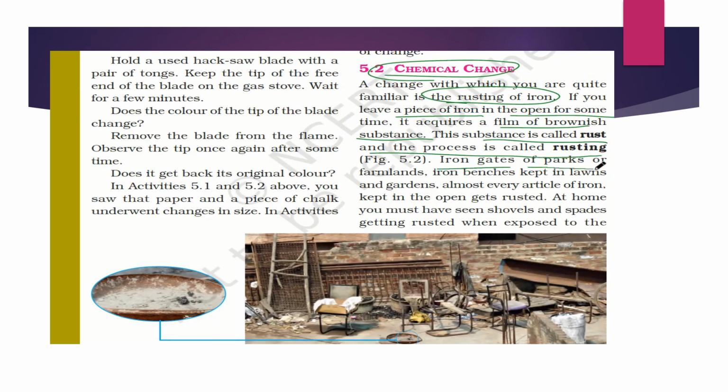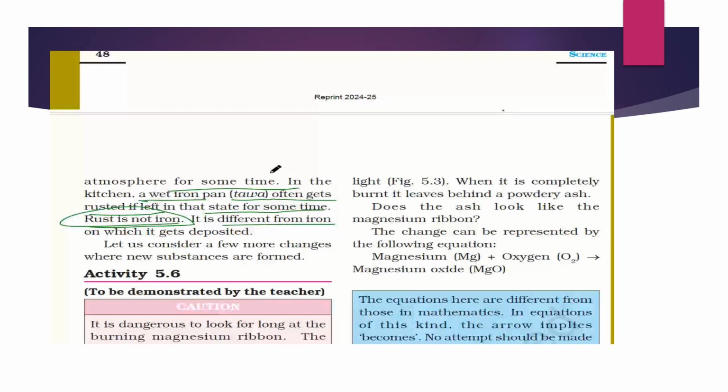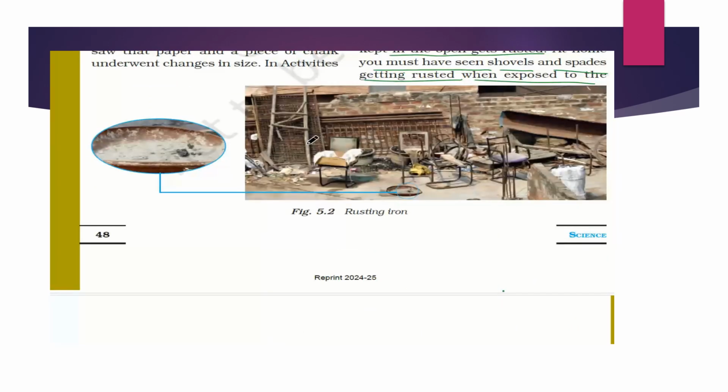Iron gates of parks or farmlands, iron benches kept in lawns and gardens, almost every article of iron kept in the open gets rusted. At home you must have seen shovels and spades getting rusted when exposed to the atmosphere for some time. Here you can see in this diagram all these things kept in the open, mostly made of iron, which have already rusted.